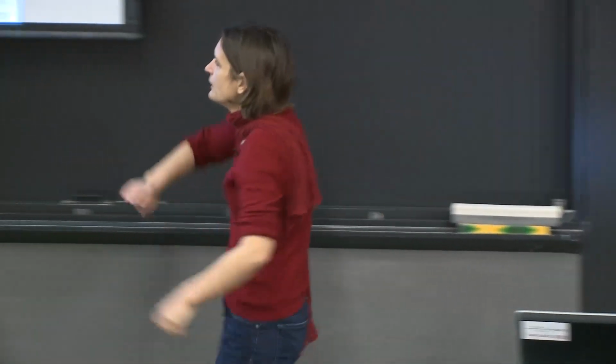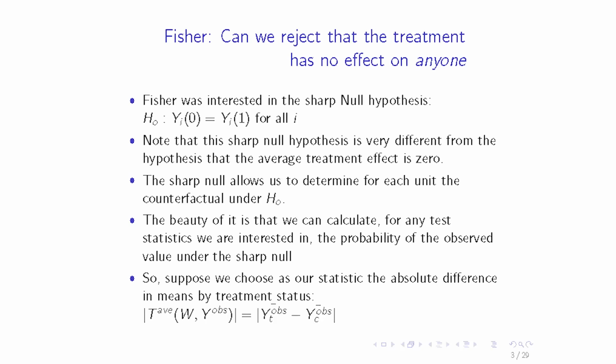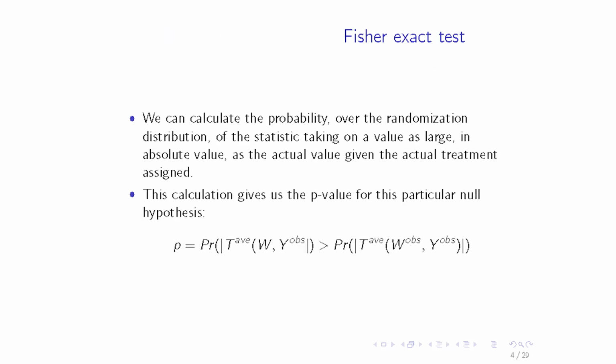So for what I observe, it is simply the difference in the average observed outcome for the treated group minus the average observed outcome for the control group, and then take the absolute value of that. It's one possible statistic, which seems to make a lot of sense. But anything you want, you can compute, because you have the entire counterfactual distribution under the null.